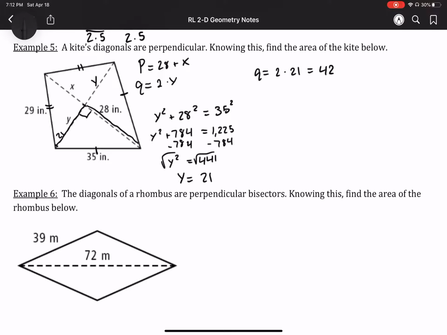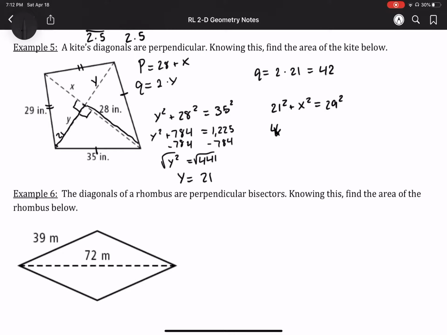And now I'm going to use that to find X, where I again have a right angle. So I'm going to use the Pythagorean theorem. I have 21 squared plus X squared is equal to 29 squared. 21 squared is 441. We just found the square root of that, so you should still know that 21 squared is 441.